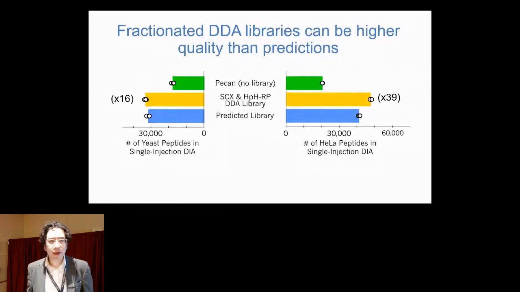The reason we think we see this drop is search space considerations, where these DDA-based libraries are significantly smaller in scope. They only contain peptides that have already been observed before. And so when we search these predicted libraries, we have to search for all possible peptides from every possible protein, not just the ones from proteins that have been observed in that sample.